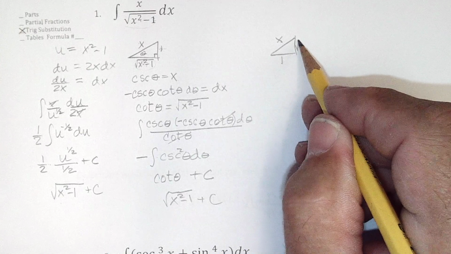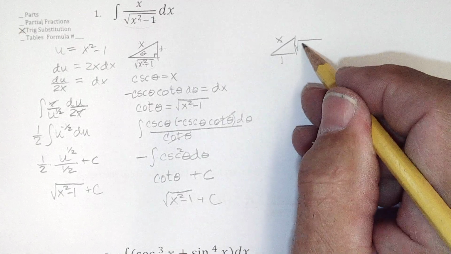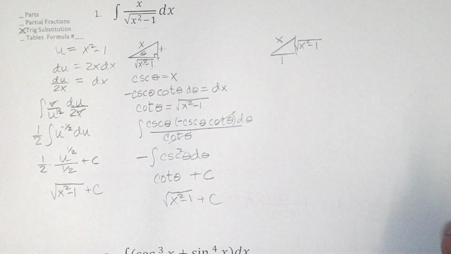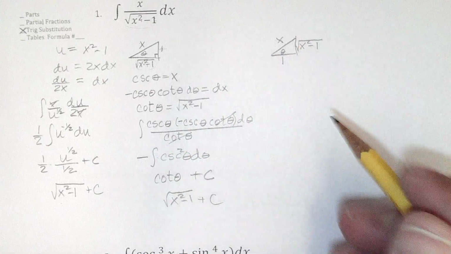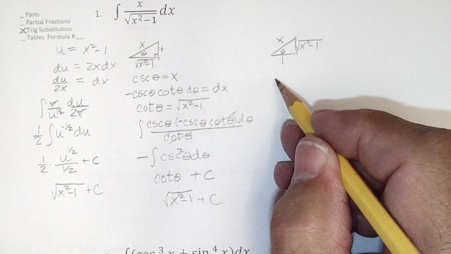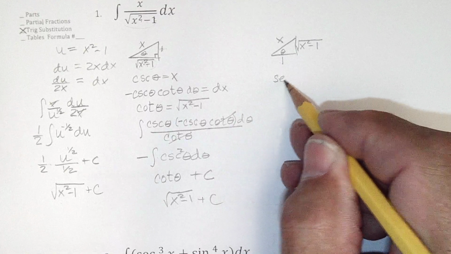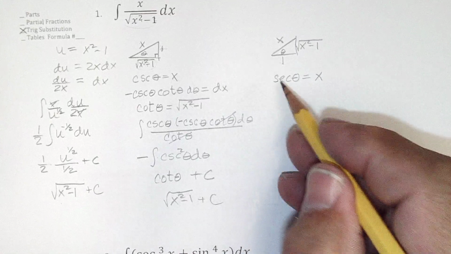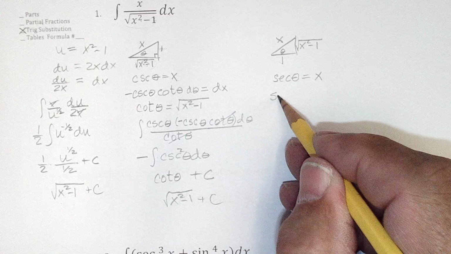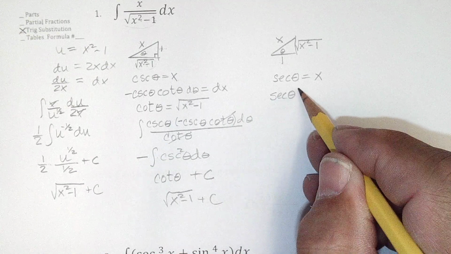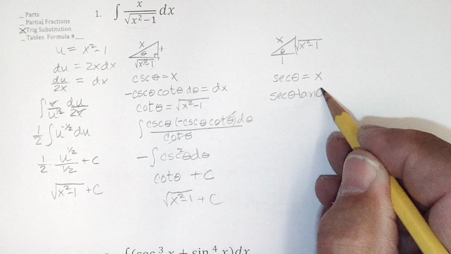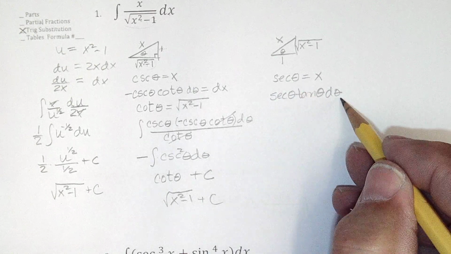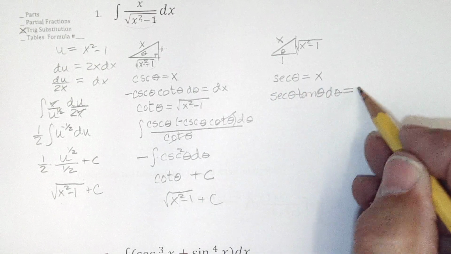That means the opposite would be the square root of x squared minus 1. And so now the secant of theta is x. Derivative is secant theta tangent theta d theta, derivative of this side, equals the derivative of this side.